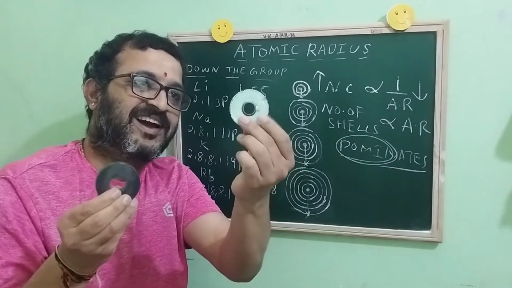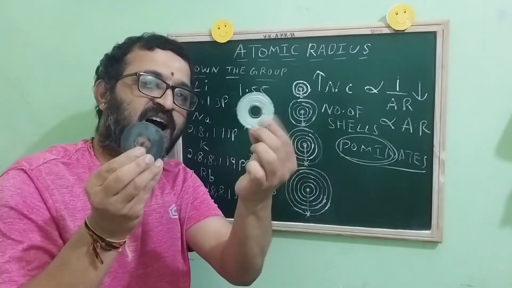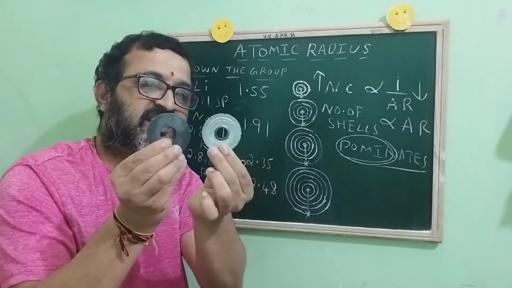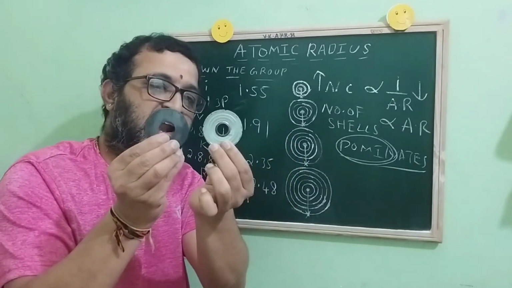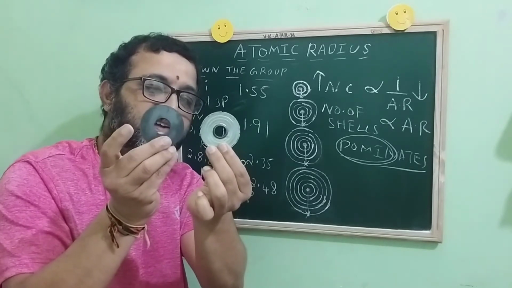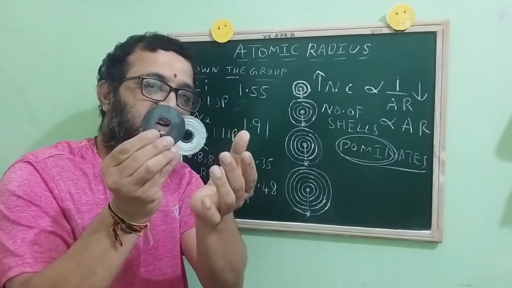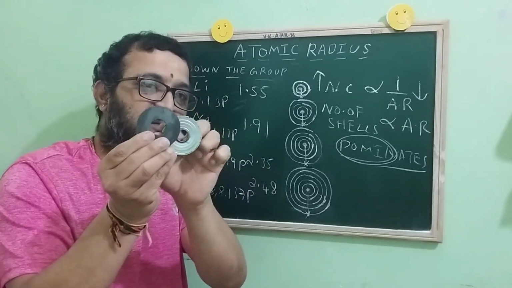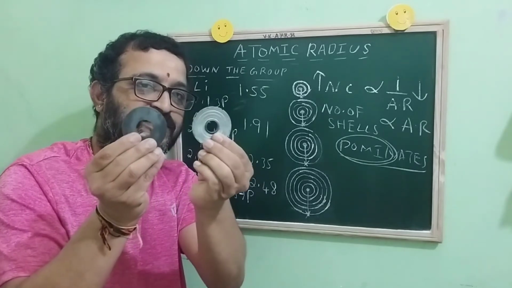And this is the electrons present in the outermost shell. Now, when the electron-containing outermost shell is closer to the nucleus, what will happen? See, observe. This nucleus containing protons will pull the electrons.